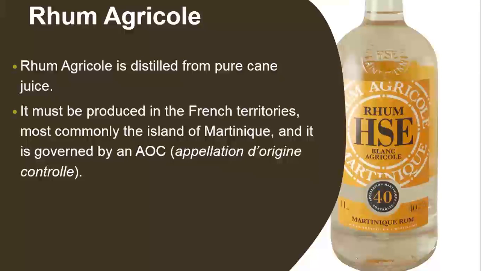It is exceptional because it must be produced in the French territories, most commonly the island of Martinique, which is governed by AOC. AOC stands for Appellation d'Origine Contrôlée, which is the highest of the superior wine laws in France, and that equally applies to rum agricole.